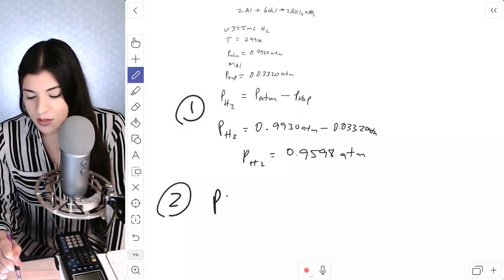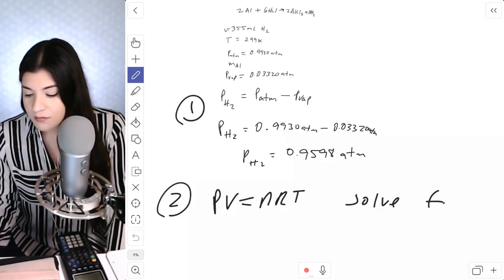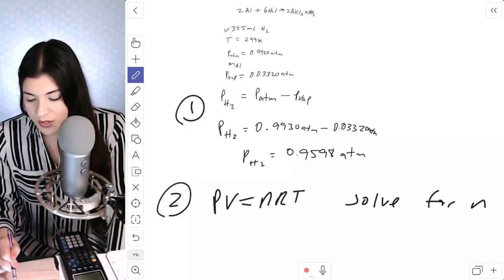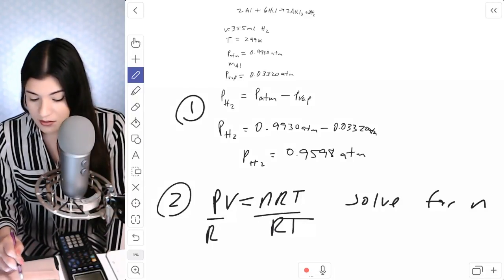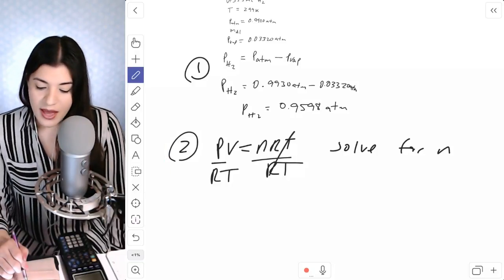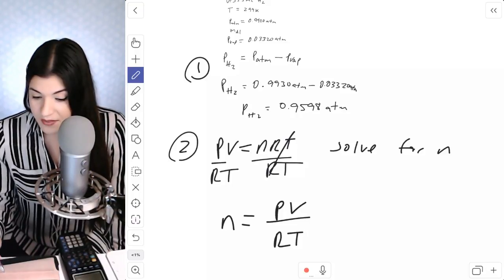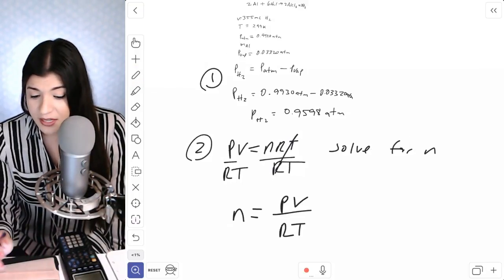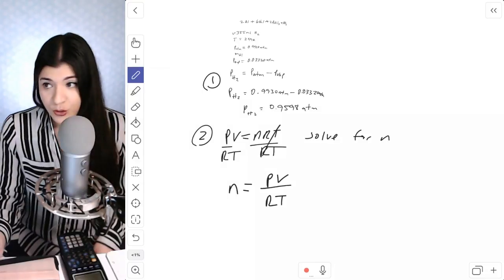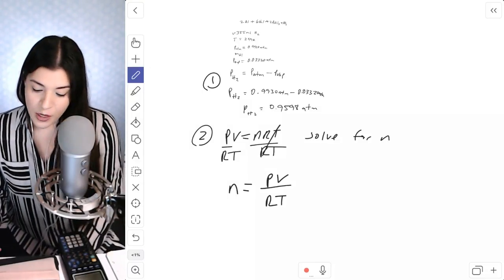Our next step is to use PV equals nRT and solve for n. I'm going to rearrange this formula by dividing both sides by RT, and then RT cancels. n is now equal to PV divided by RT. Then I'm going to plug everything in, and this is going to give us the moles of H2. And then we'll get to the moles of what we're solving for, which is aluminum.